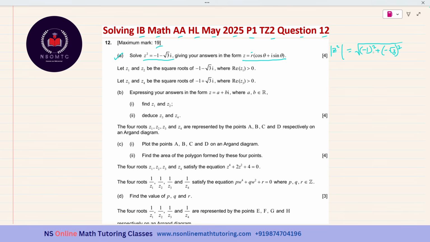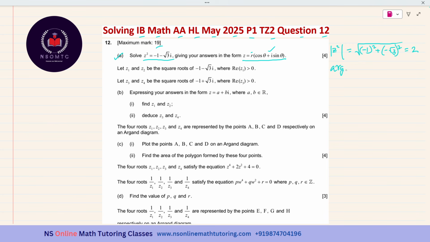Negative 1 whole squared is 1 and minus root 3 whole squared is 3. So 1 plus 3 is 4 and the square root of 4 is 2.